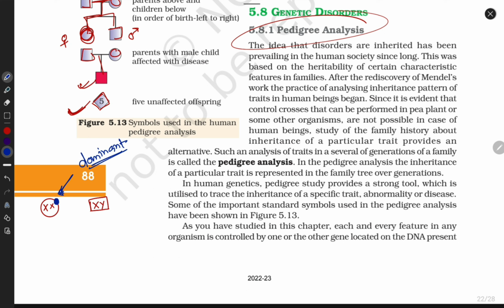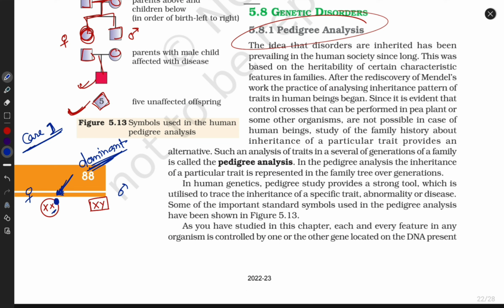I am taking case 1. This woman suffers from a disease, but this disease is dominant. If she transfers her chromosome to her child, compulsorily those children will be affected.